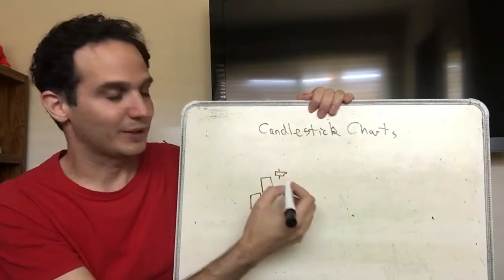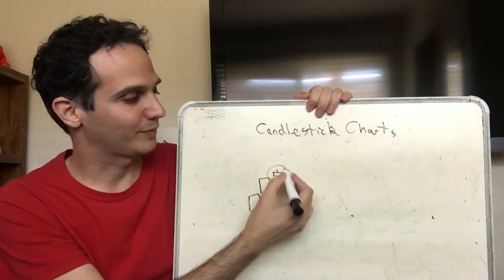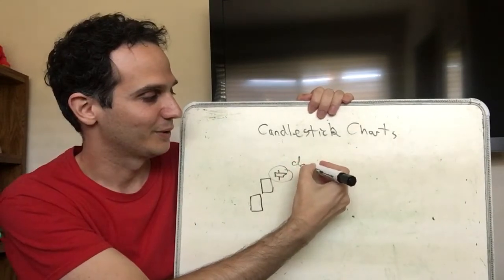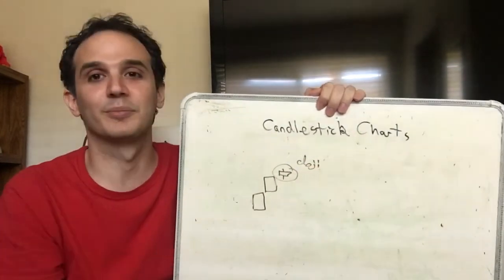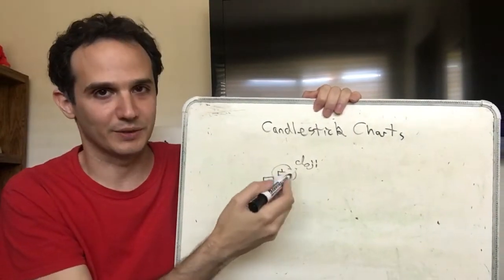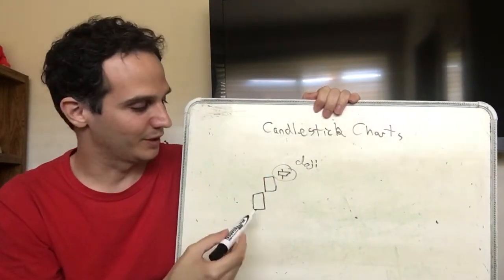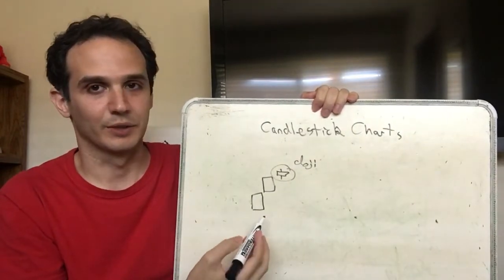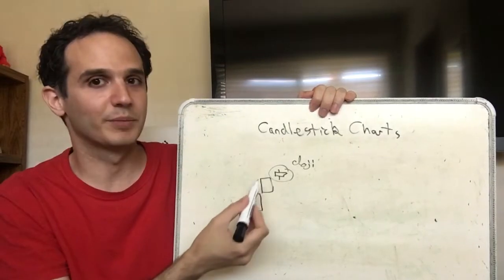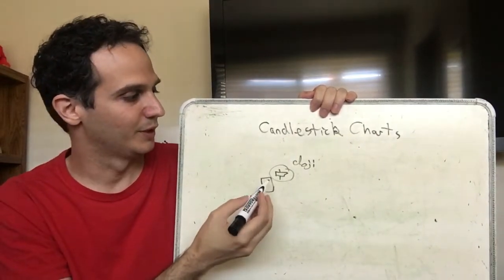And so this candle is called a Doji. I don't know who came up with the name, but this represents market uncertainty. So here, when it has a long body and it's going up, these are bullish candles.